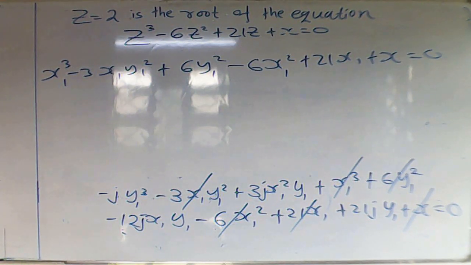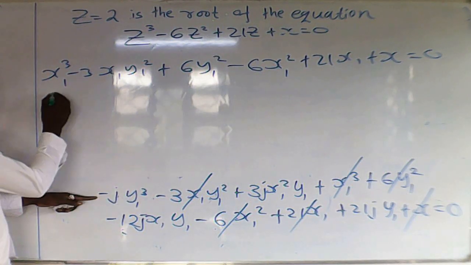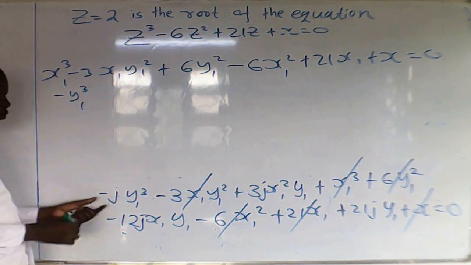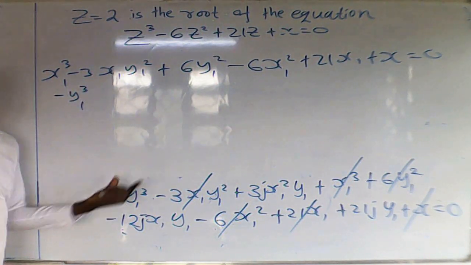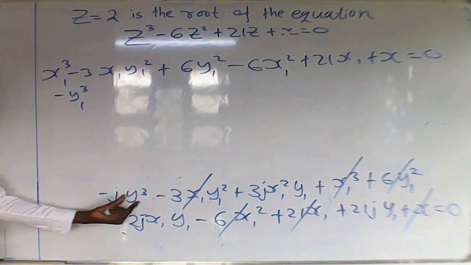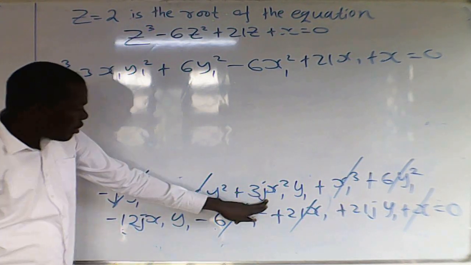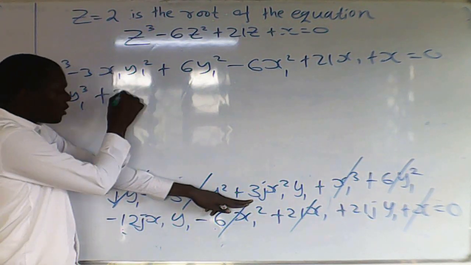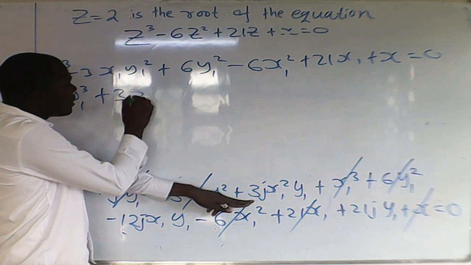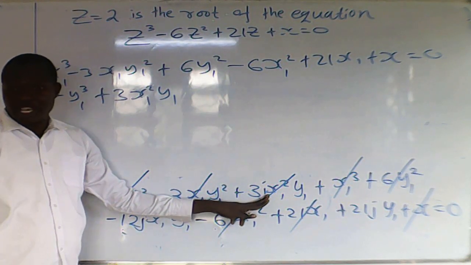Go to imaginary. Terms with j: minus y1 cube. So terms with j, meaning j will cancel out on both sides of the equation because the other side of the equation is 0. Are you seeing that? So minus y1 cube. Move to the next one with j: plus 3x1 squared y1. j will cancel out on both sides of the equation.